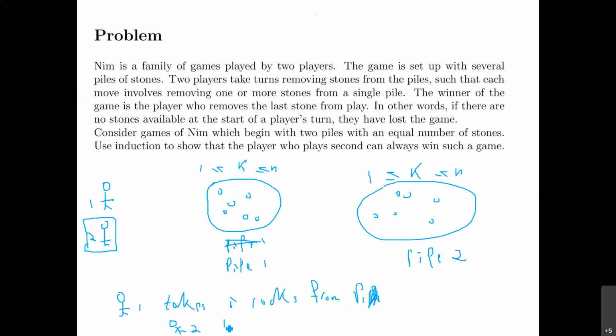He also takes i rocks from pile 2, the opposite pile. So player 1 takes i rocks from pile 1, and player 2 also takes i rocks from pile 2.